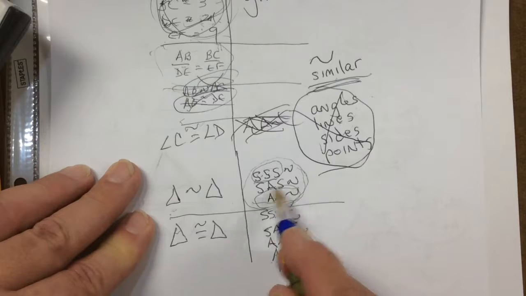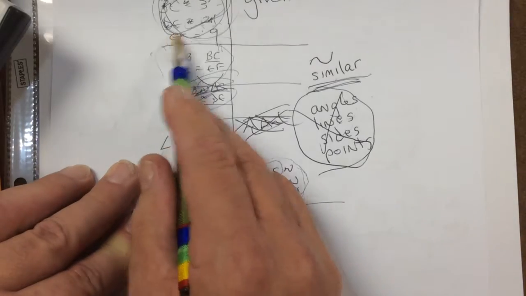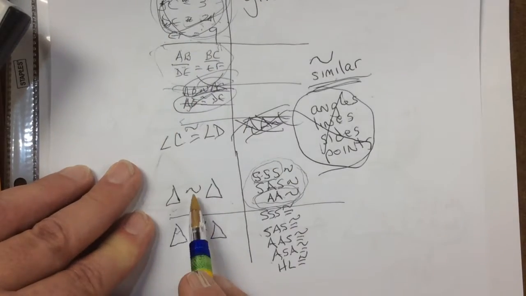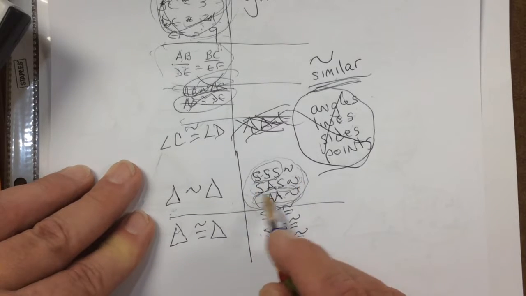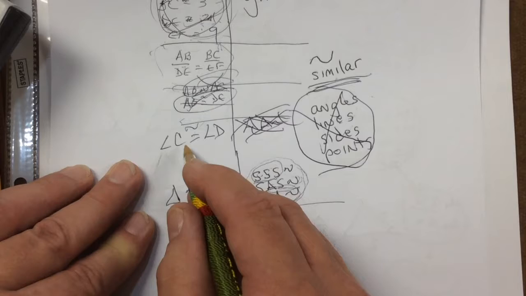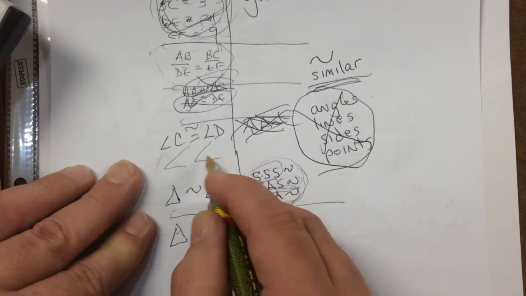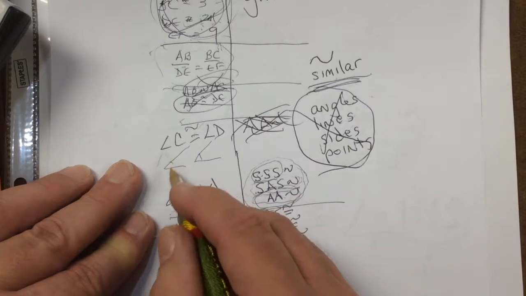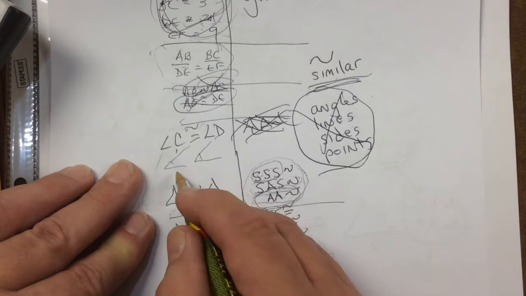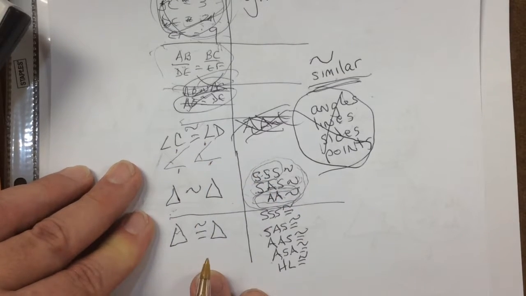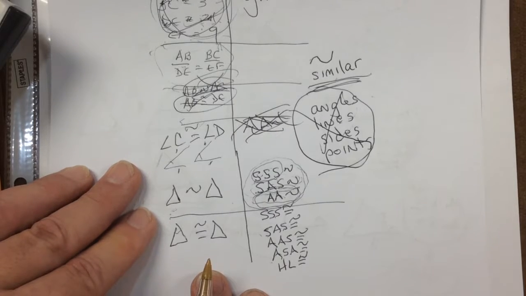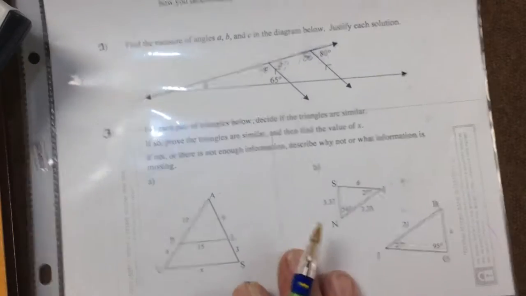If you're going to use angle, you better have shown me that there are 2 pairs of congruent angles. If you're going to put SAS, then you have to show me that you have 2 angles that are congruent, and then you had all 4 side measurements here, and when you put them into ratios, they were equal to each other.